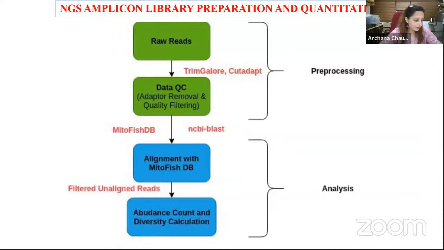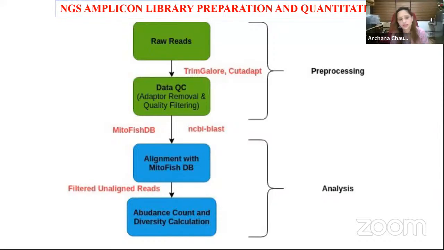Interestingly, this MitoFish database is completely focused on the mitochondrial genome, or what we call the mitogenome, of only the fishes, since we know that they are very important in ecology and in the hydrosphere.